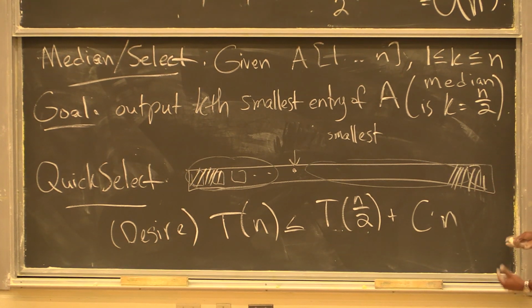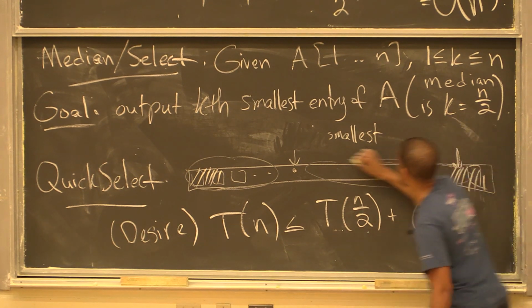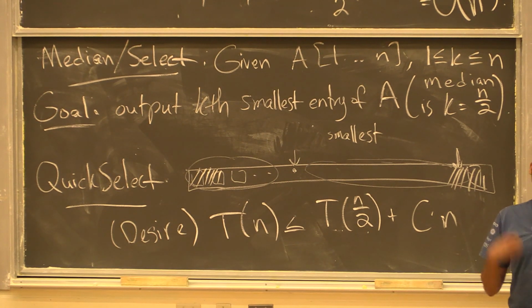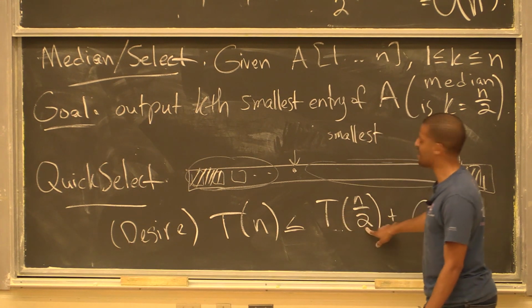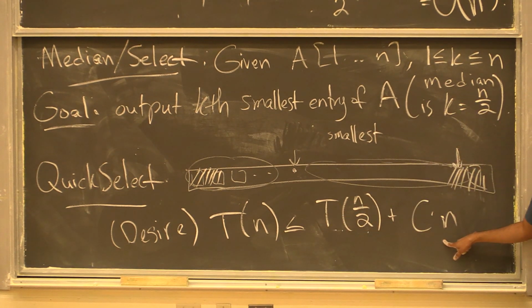Because if that's the case, let's say your pivot is here in the sorted order, you might end up having to recurse on all of this. So you haven't really cut down the problem a lot. In the extreme case, if you're unlucky and the pivot is always the smallest element, you're going to get something that looks like T of n is at most T of n minus 1 plus Cn. And that solves to n squared. Right?